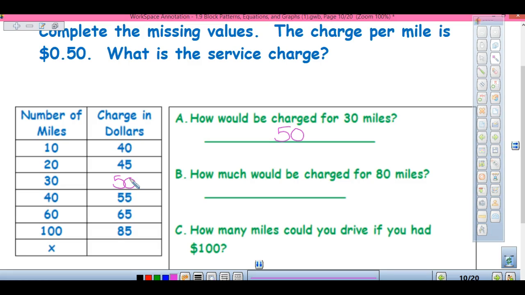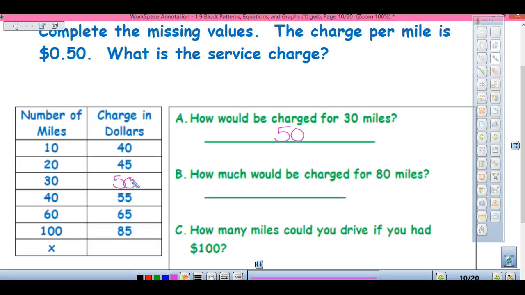Well, that doesn't make sense, does it? Because they've got 100 is 85. So 40 is 55. Oh, because they're going up by tens. Ah, so 70 would be what? Okay, so 60 is 65. 70 would be 75. That doesn't make sense.